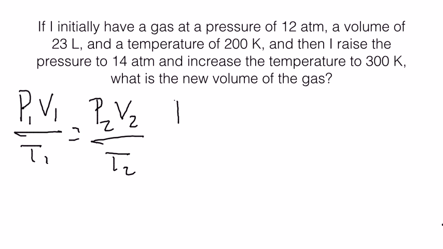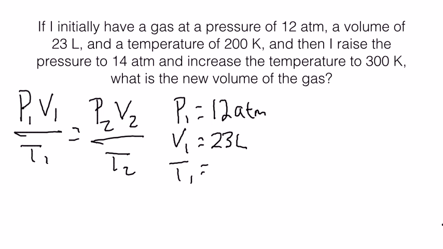Our P1 is equal to 12 atmospheres. V1 is equal to 23 liters, and T1 is already in Kelvin, so that's just 200 K. No need to convert there, it's already in Kelvin.